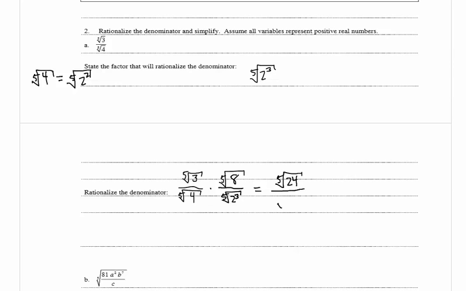So we have the fifth root of 2 to the fifth. And now we can simplify the denominator. And if we have the fifth root of 2 to the fifth, then we have 2 remaining. And then we have the fifth root of 24 in the numerator.